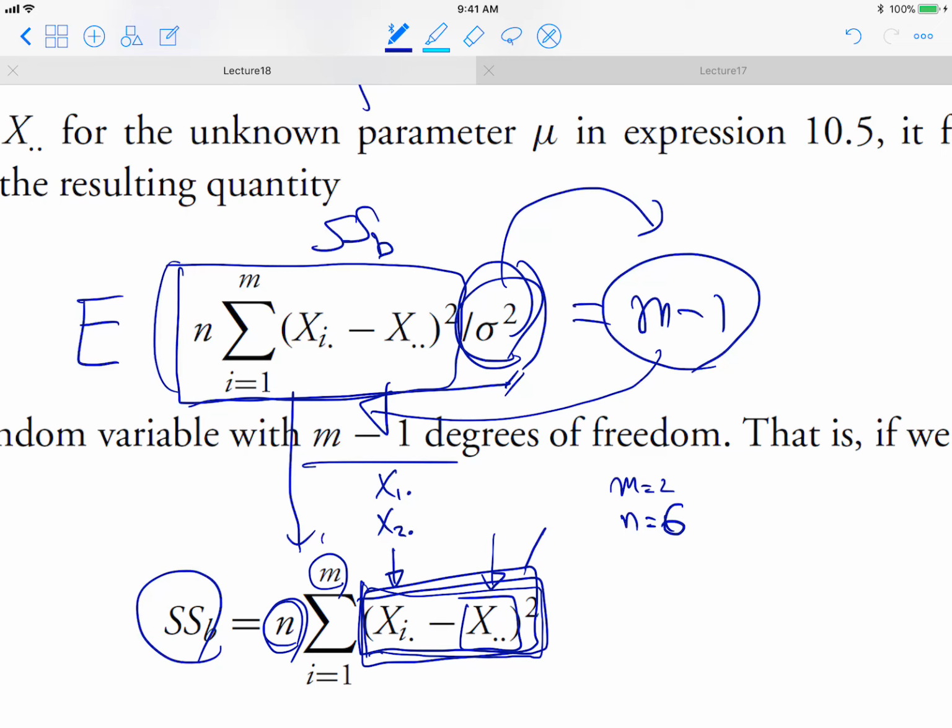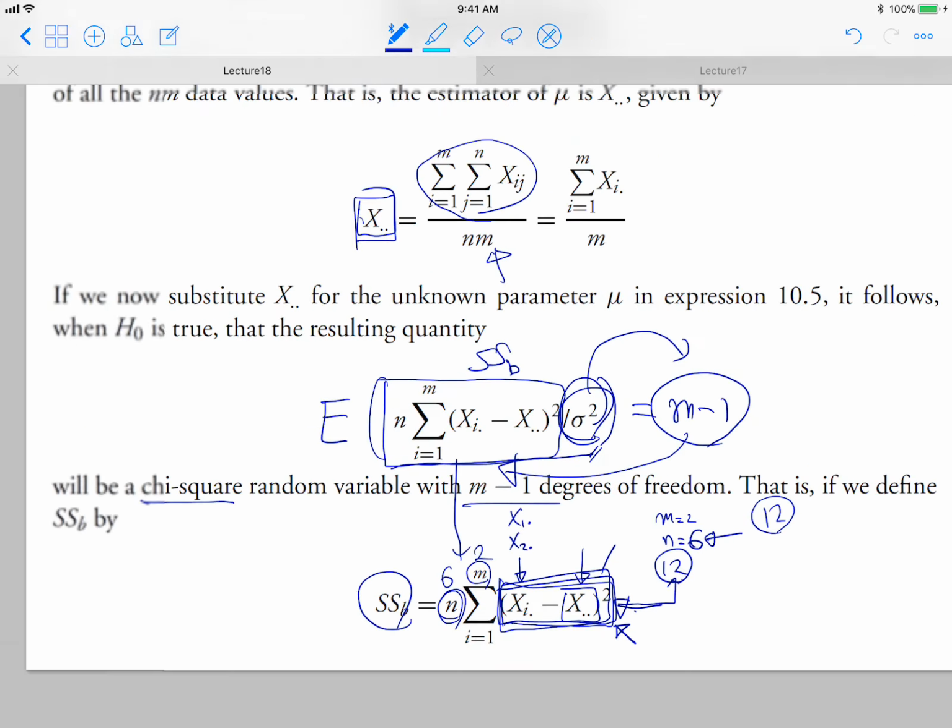So we have 2 here and 6 here, and in total we have 12 different terms in this case. For each of the 12 observations, there is this assigned value.